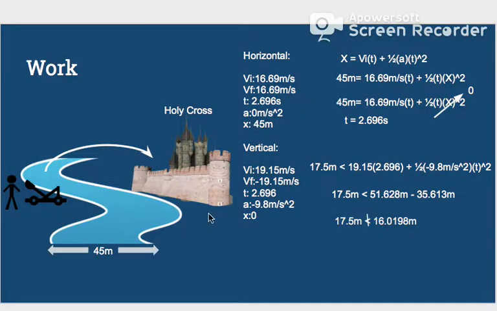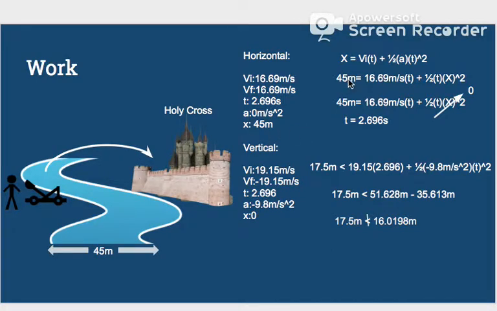Since we want this rock to cross horizontally the 45 meters of moat, we want to know what the height will be at the end of that 45 meters, because we want to know if it will be able to cross that 17.5 meter high wall. So first we need to know the time it takes horizontally for the rock to travel the 45 meters in the air.